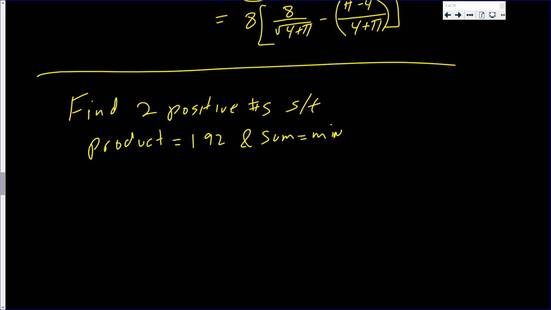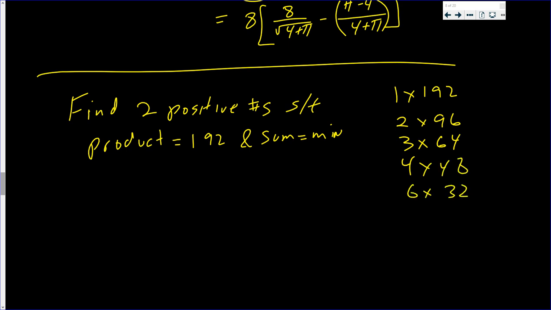There are many numbers that multiply out to 192, like 1 and 192, 2 and I guess it's 97, but I don't buy that. It must be 96, excuse me. And then 3 times 64, 4 times 48, 6 times 32, 8 times 24.